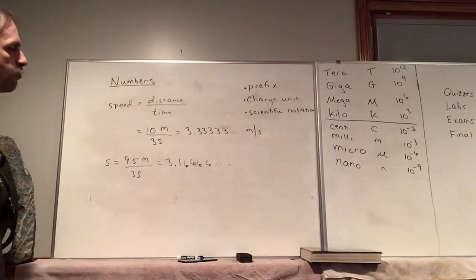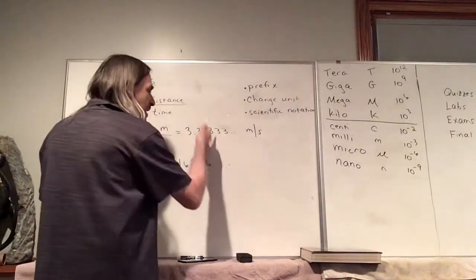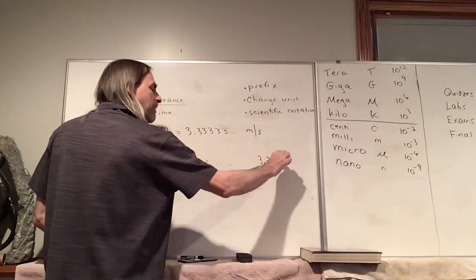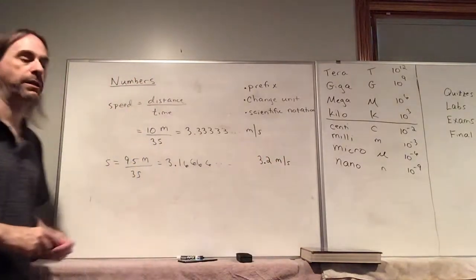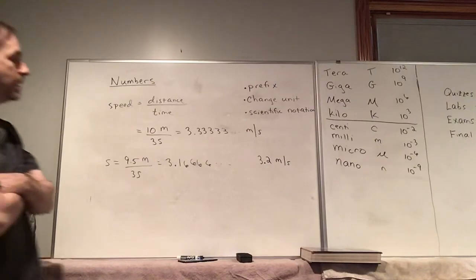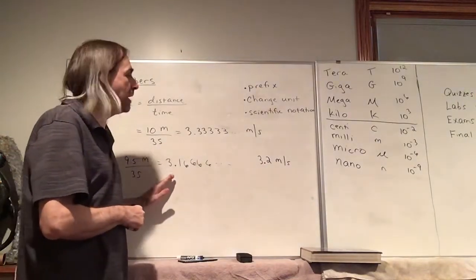And so what we would probably do in this case is say the speed, just based on the information we have, is probably 3.2 meters per second. And just leave it at that, because this 3 we're pretty sure about. They both agree with that.